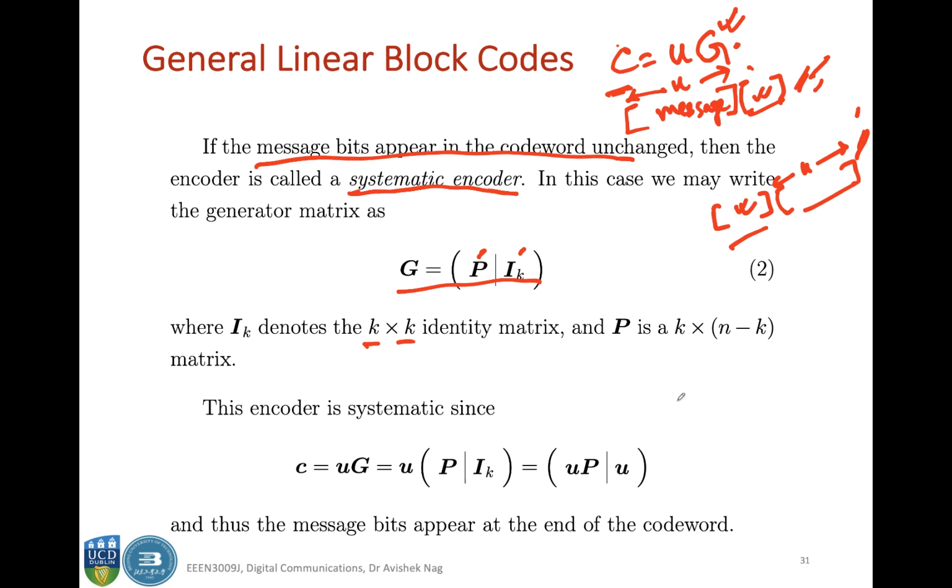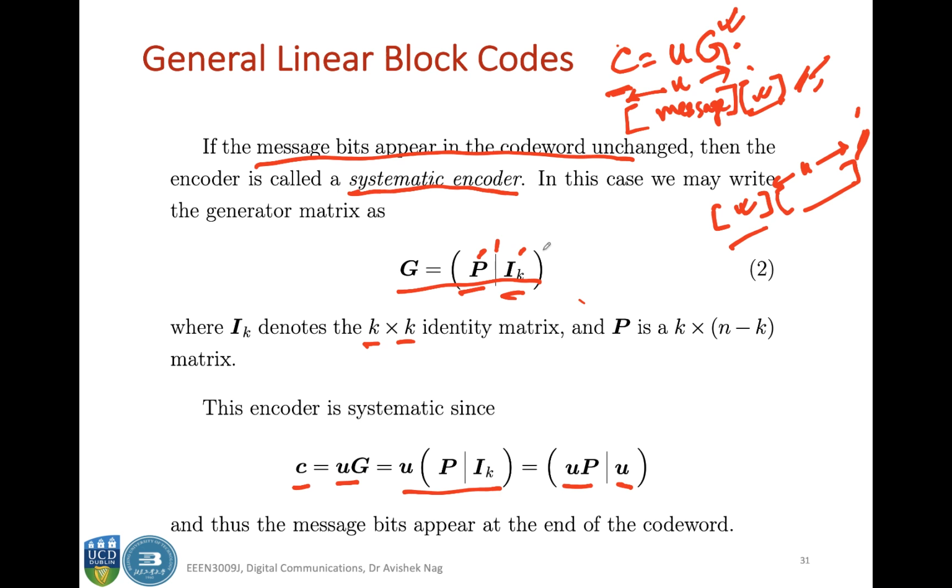So if that is the case, then if you generate C, which is U times G, this multiplication will give you UP and U. Okay, so this is basically the way of writing the generator matrix. This line in between doesn't actually exist. This is just to show that this part of the matrix is an identity matrix and this part is a general matrix. Okay, I will show you some examples.